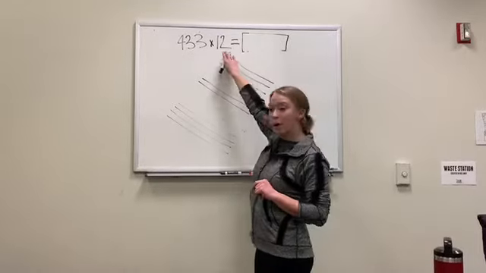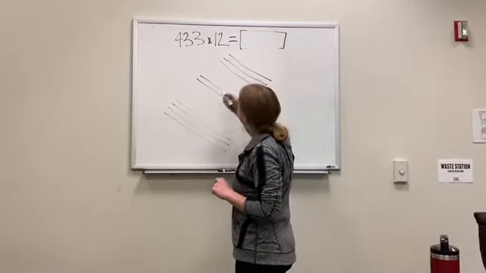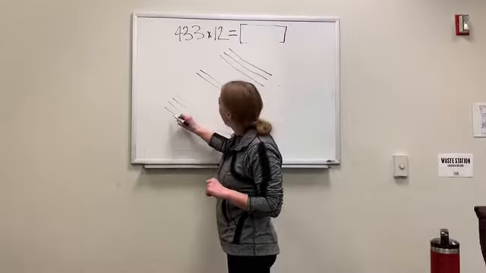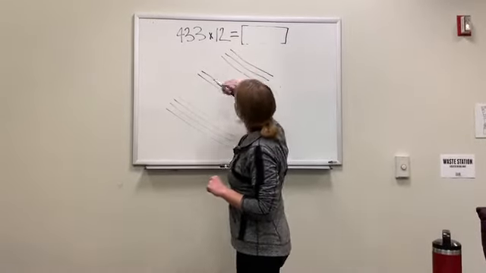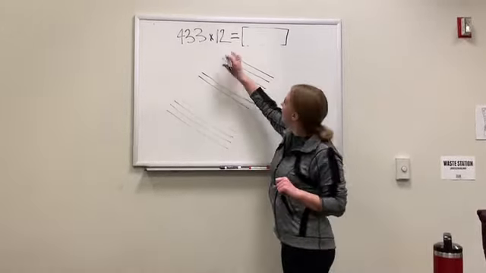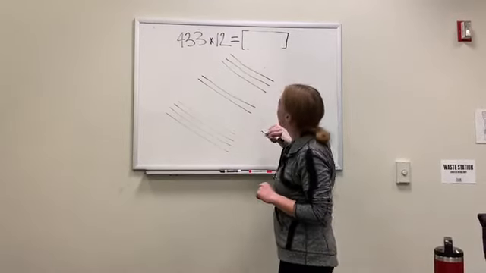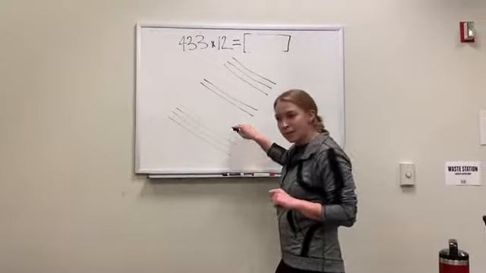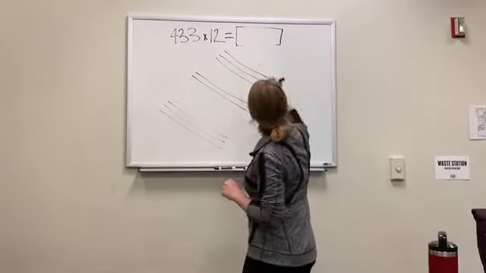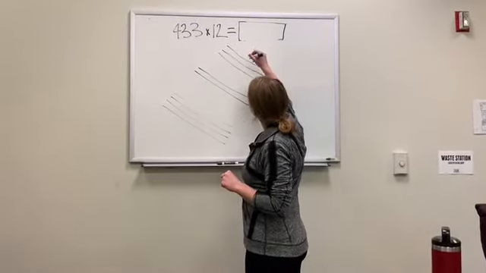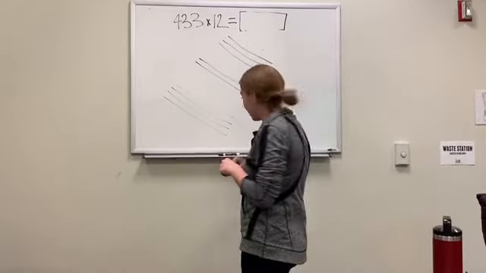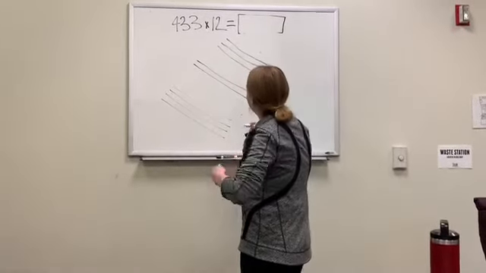And then for the 12, we'll go in the other direction, where we'll have our 1 line for our tens place value, and then our 2 lines for our ones place value. And we're gonna split this up. We're gonna count, hold on, let me get a different color. And do this.